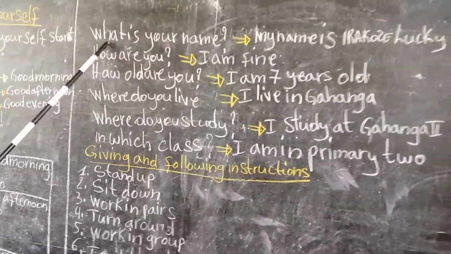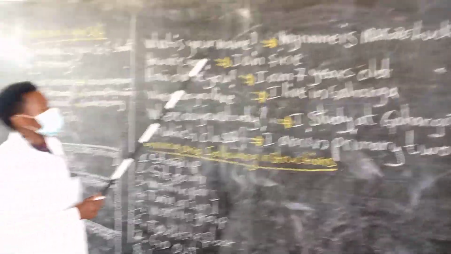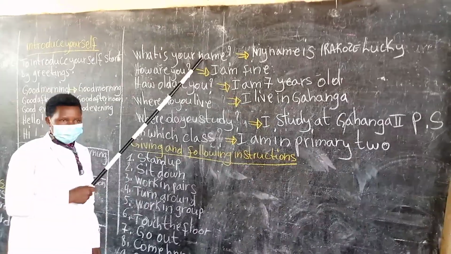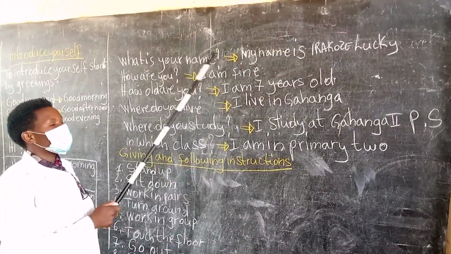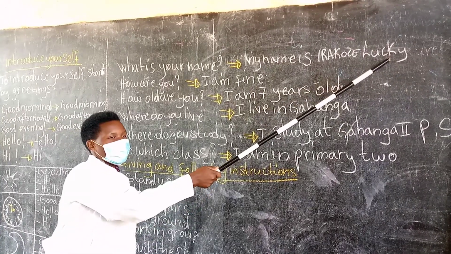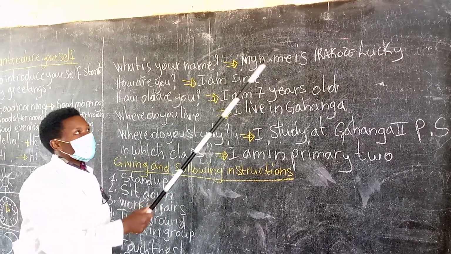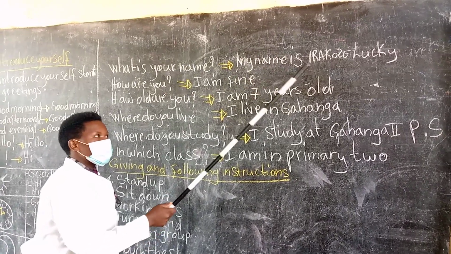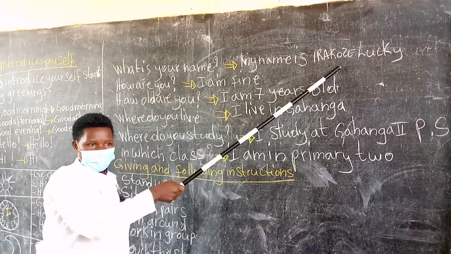When you ask the question, what is your name? The answer is, my name is Irakoze Raki. The answer stays the same, my name is, but the name can be changed.